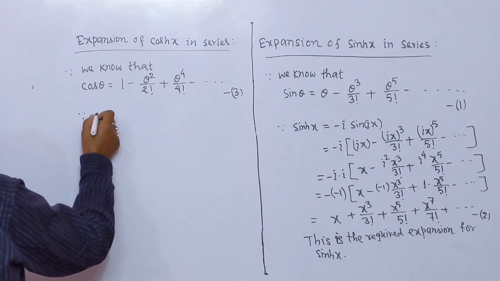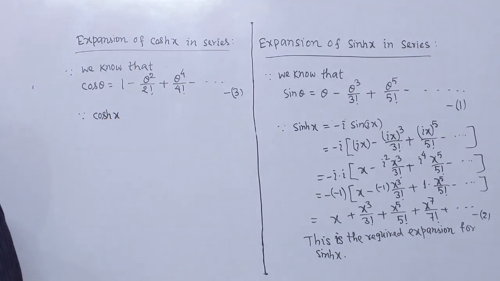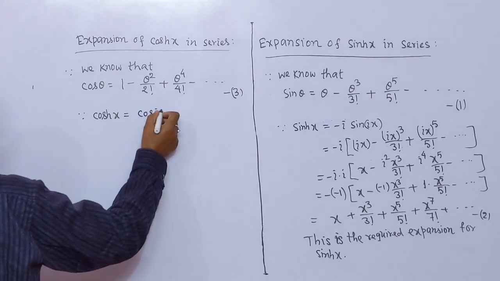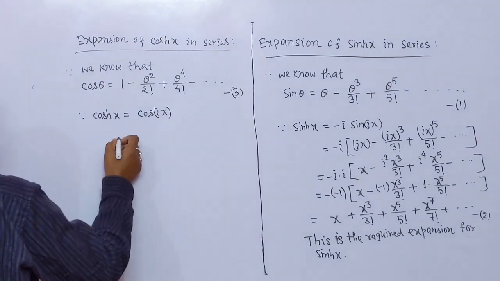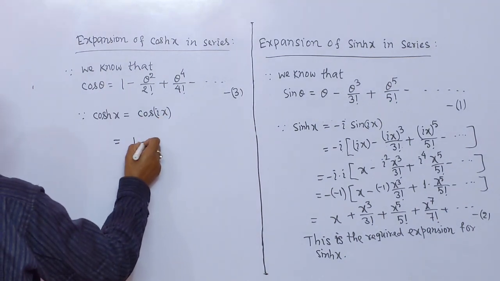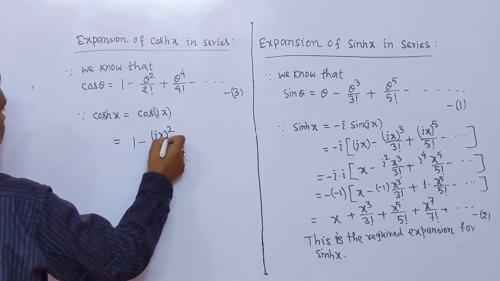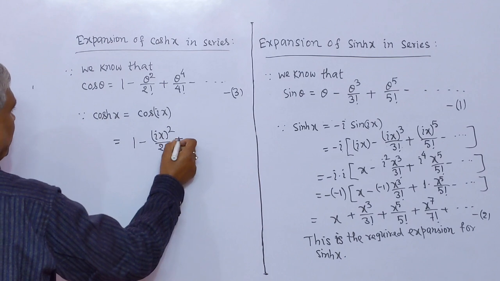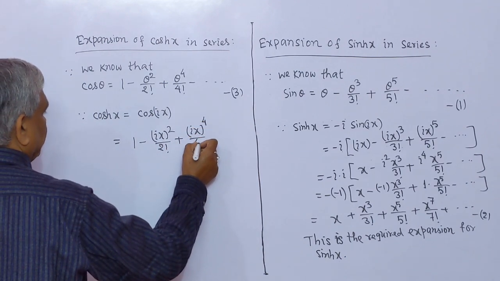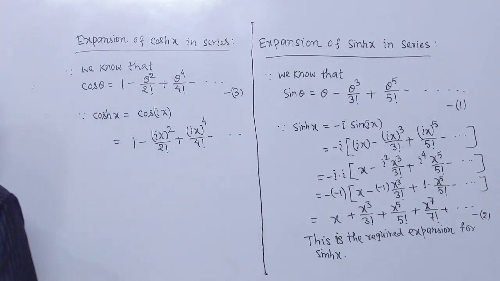Since hyperbolic cosine x, cosh x, equals cos ix, in place of theta we write ix: 1 minus (ix) square by factorial 2 plus (ix) whole to the power 4 by factorial 4 minus and so on.